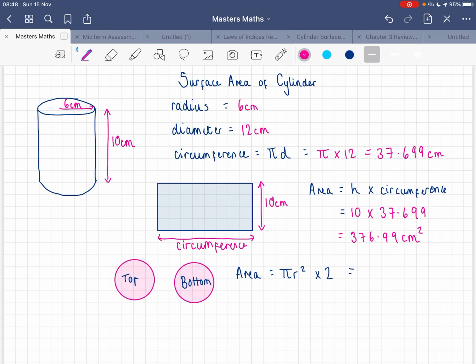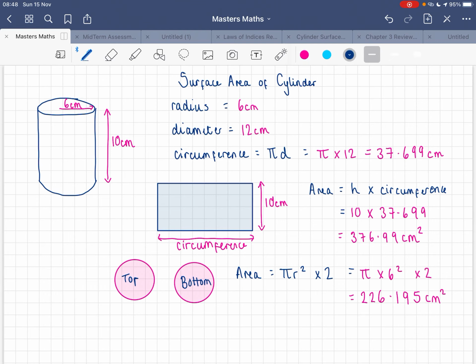So I'm going to multiply pi by 6 squared, and then I'm going to multiply that by 2, which gives me pi times 6 squared times 2 is 226.195, if I round it properly, centimeters squared. So again, I'm leaving quite a few decimal places, and at the end I will round it to 1.